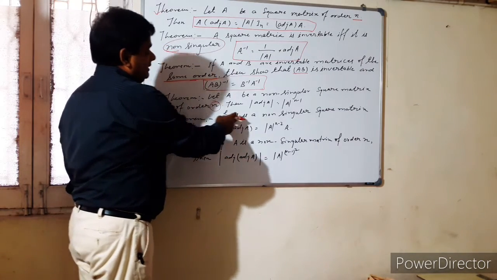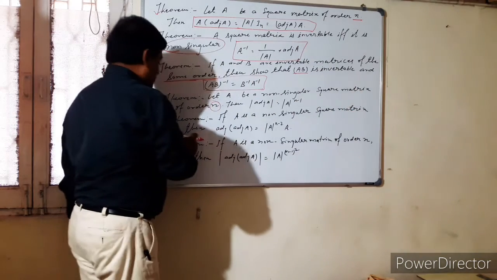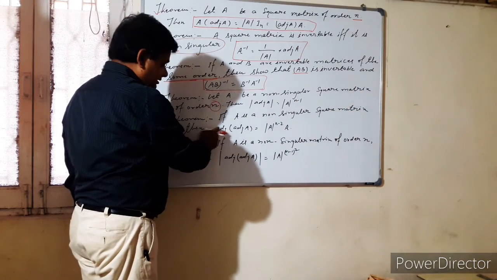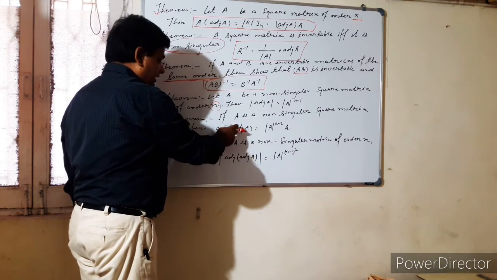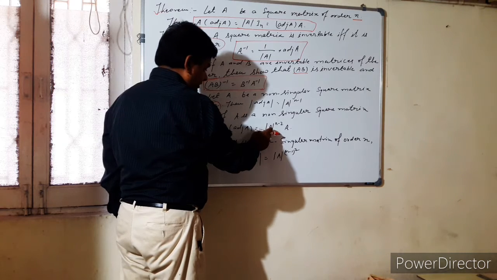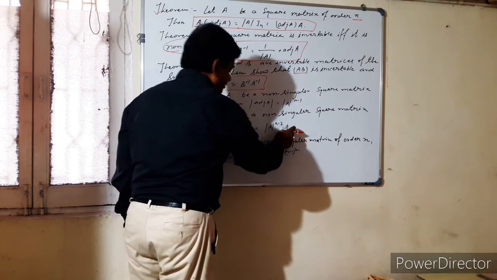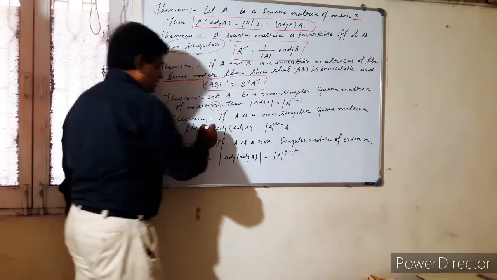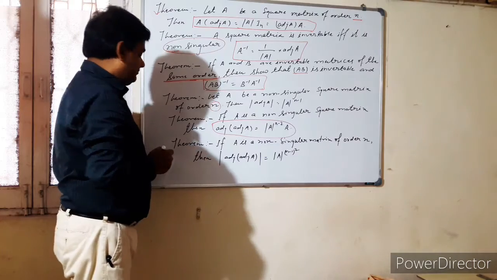Theorem: if A is a non-singular square matrix, then adjoint of adjoint A equal to determinant A raised to the power n minus 2 into A. This one also is a very important question for objective types.